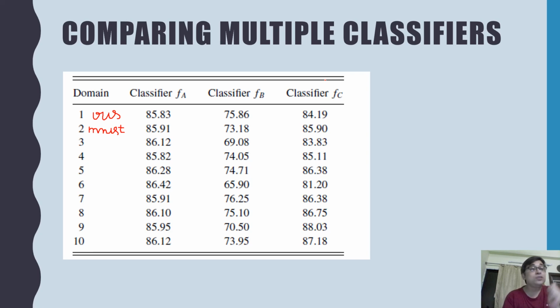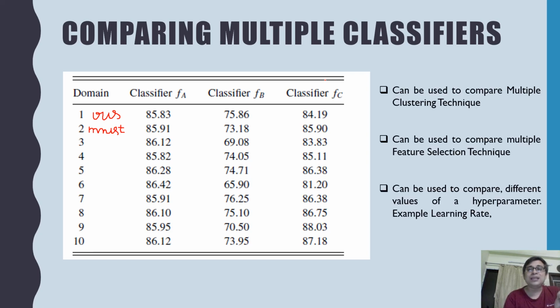Not only this, you can apply this for comparing different clustering techniques. You can compare different feature selection techniques. You can try different techniques like PCA, t-SNE, LDA, and try to compare them. So any kind of treatment that you apply over the data, you can put here. And this need not be classification accuracy.